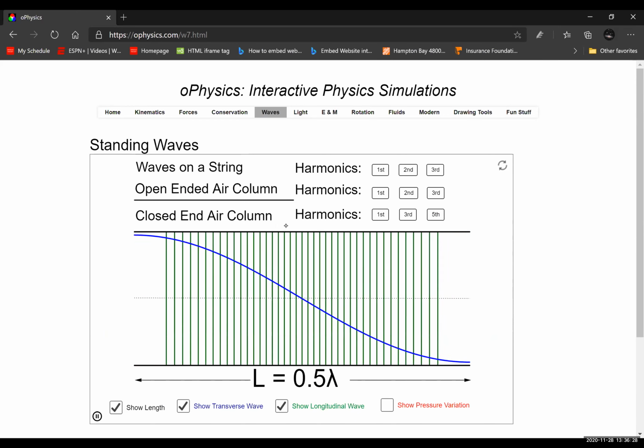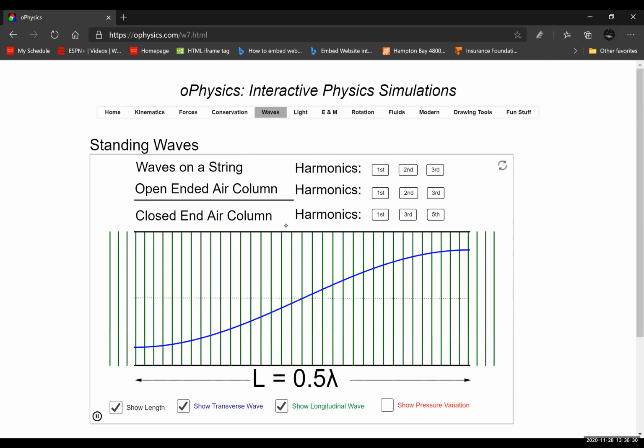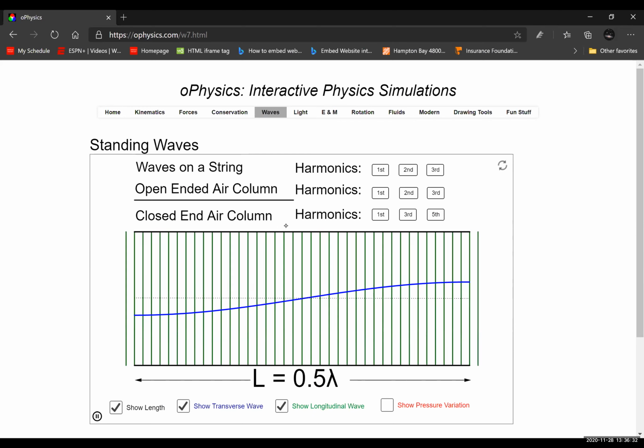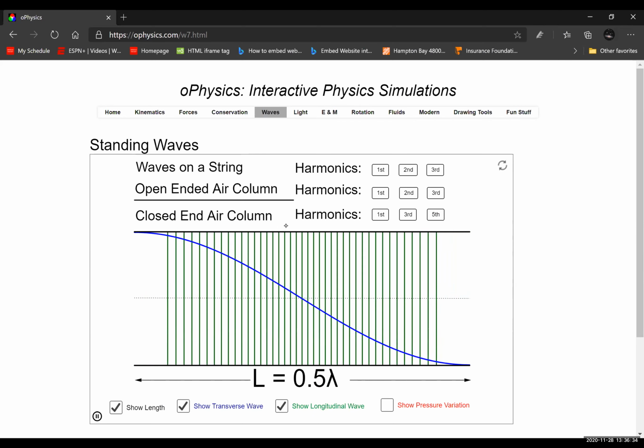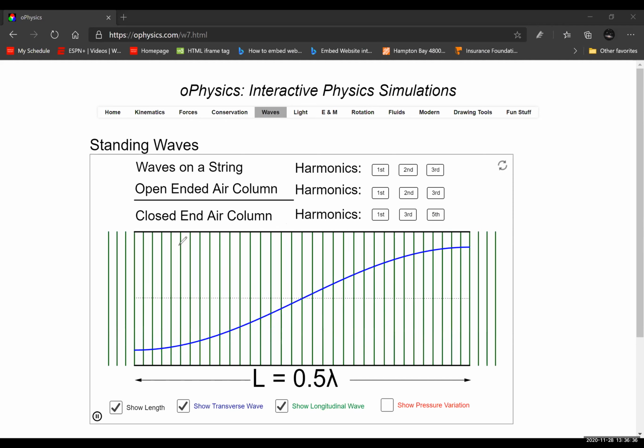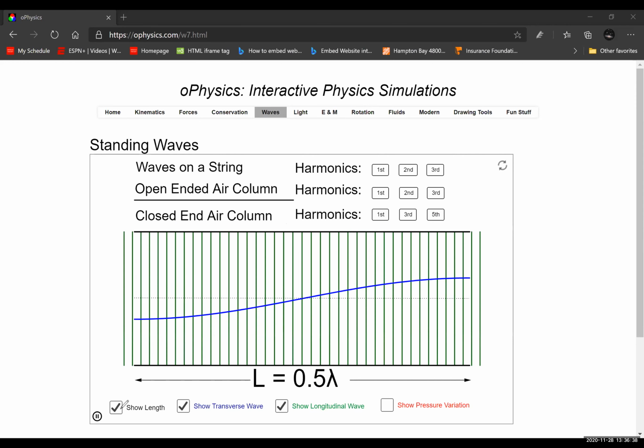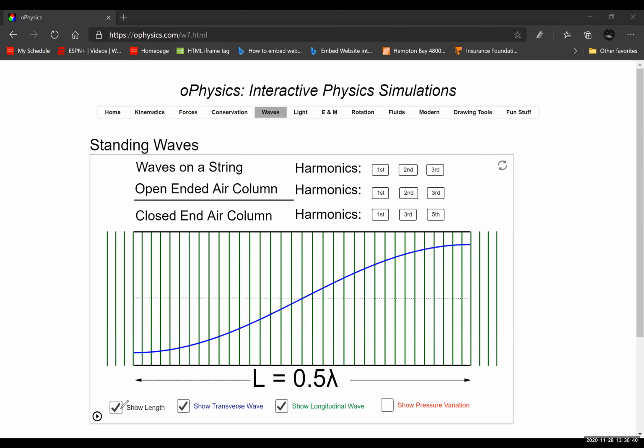I'm getting an antinode at each end. If I pause here, basically I'm getting something like this: antinode and antinode, and exactly here, just one node.